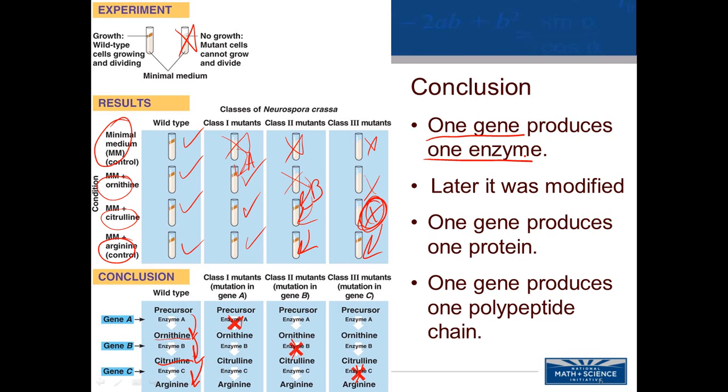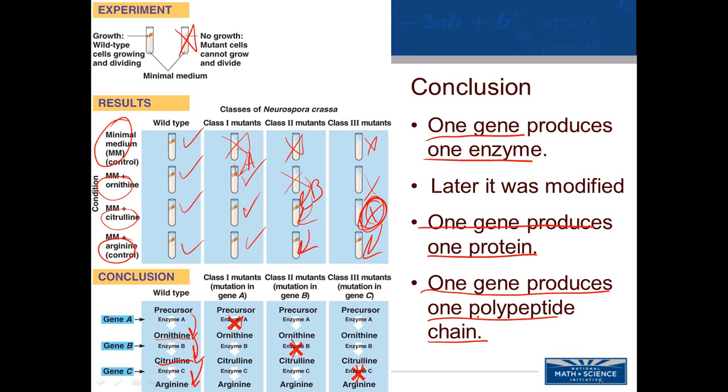And so therefore, this had to be modified so that one gene produces one protein. But as I mentioned, some proteins are made out of more than one polypeptide chain. And so it was modified to say one gene produces one polypeptide chain.